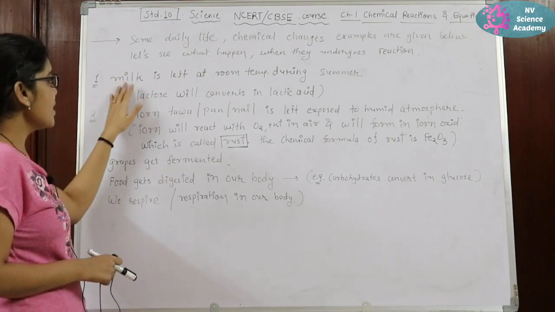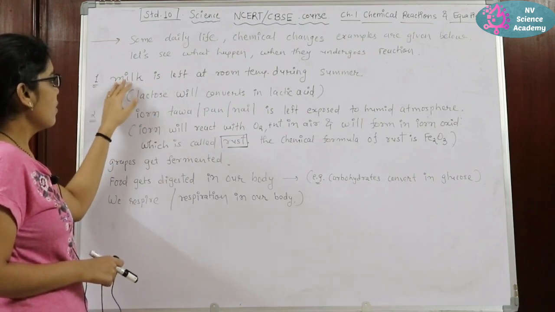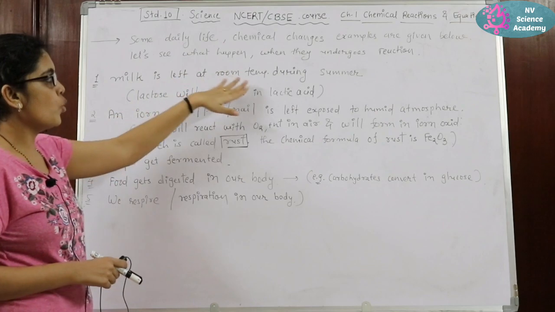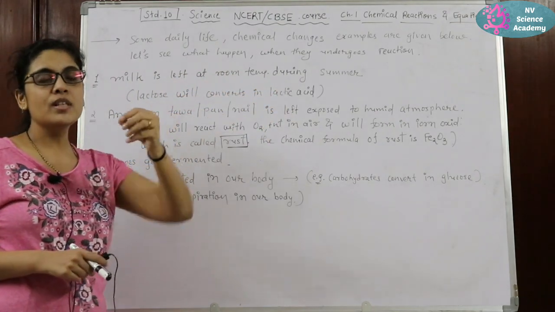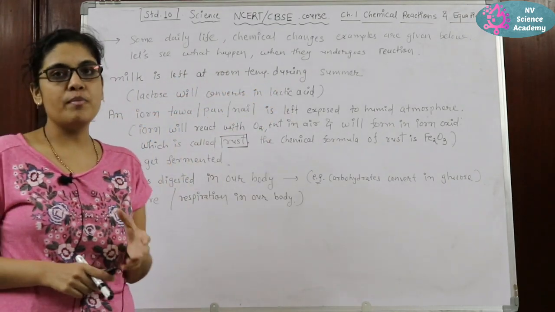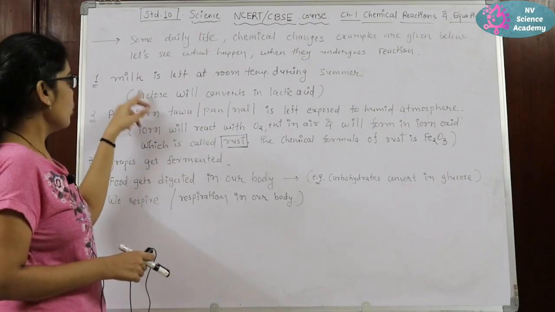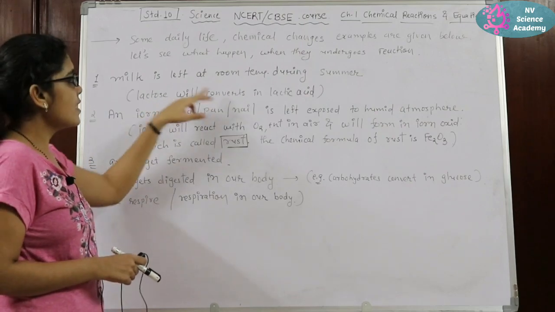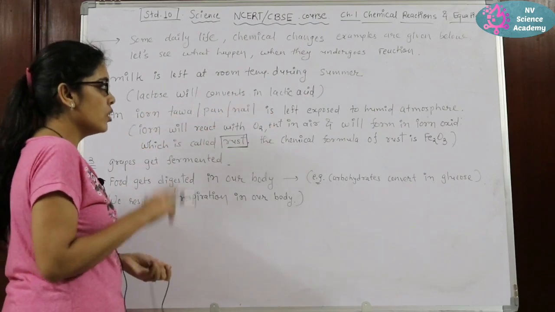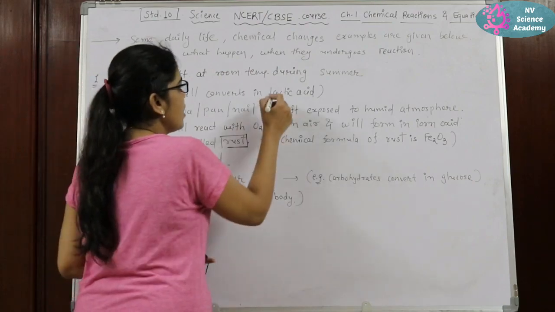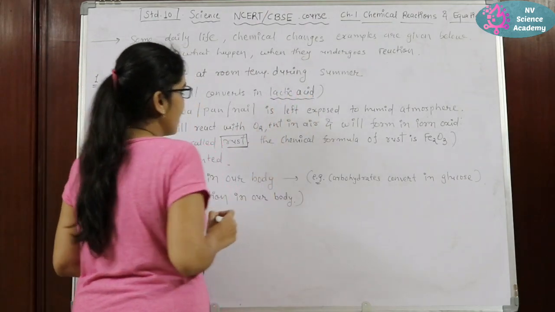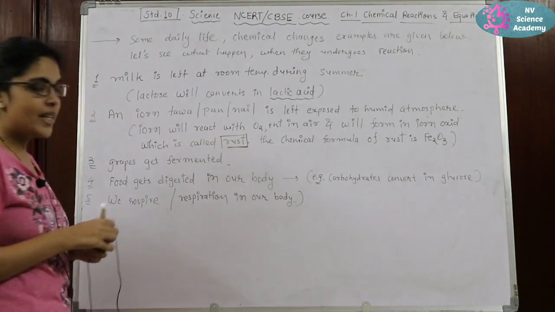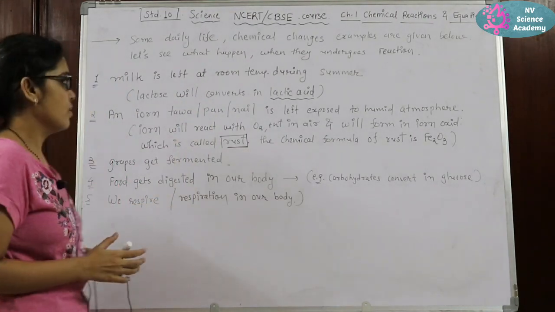The first example is milk. When we leave milk at room temperature during summer, you will feel a slightly sour taste. It is due to the lactose present in milk being converted into lactic acid. The sour taste is of this lactic acid. So we can say milk undergoes a reaction.